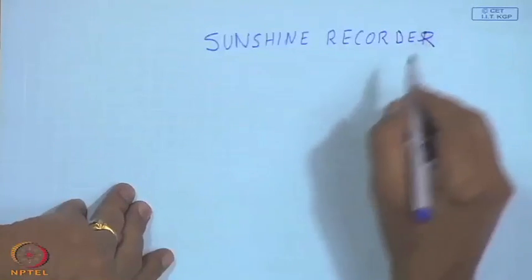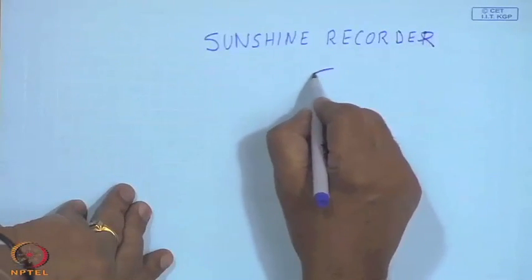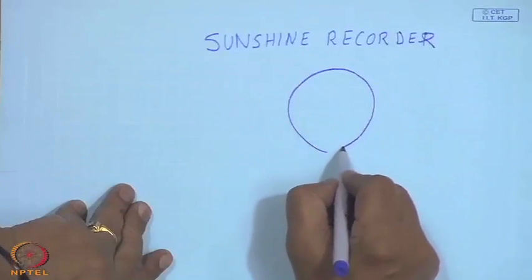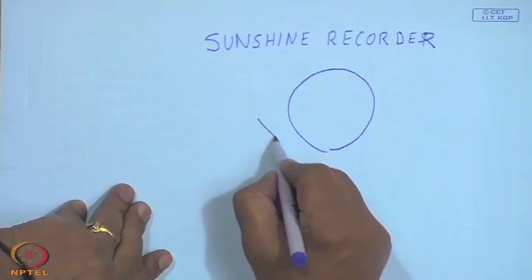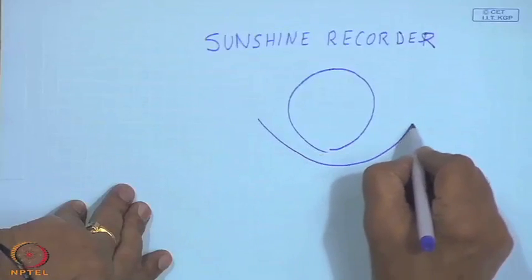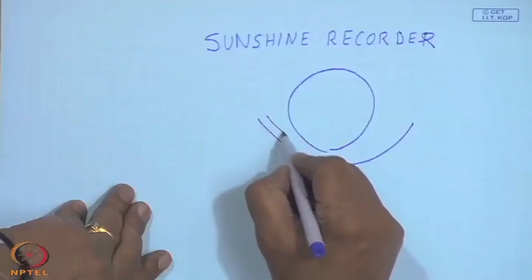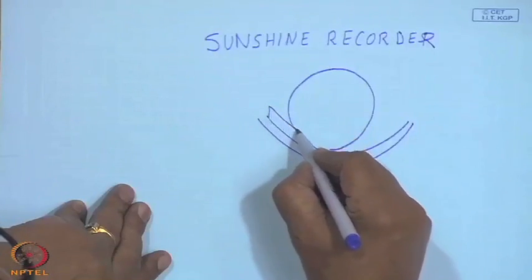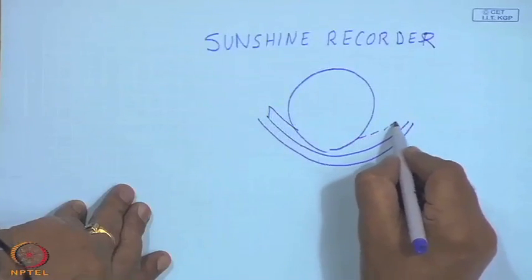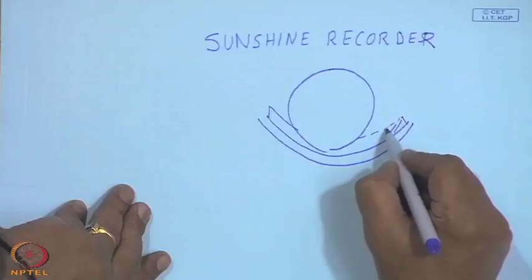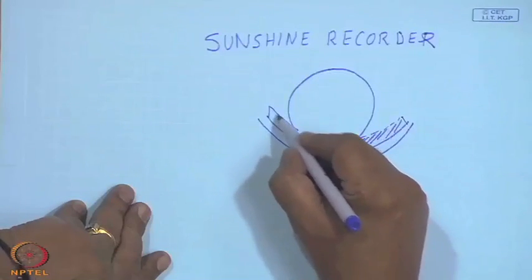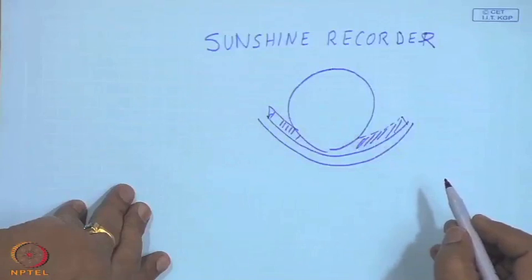This is simply a spherical lens arranged in a bowl, and at the bottom of which we keep a strip coated with a certain material, and the material gets charred depending upon the intensity of the solar radiation.